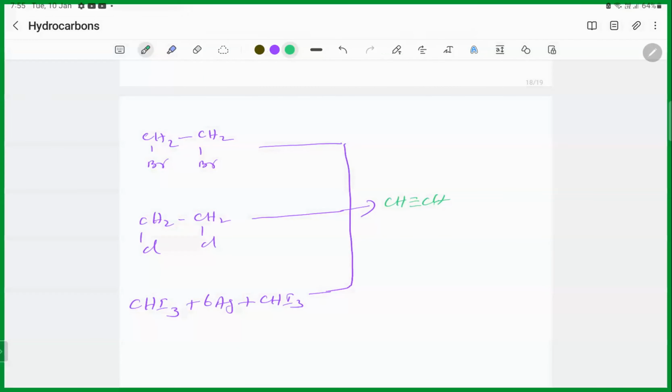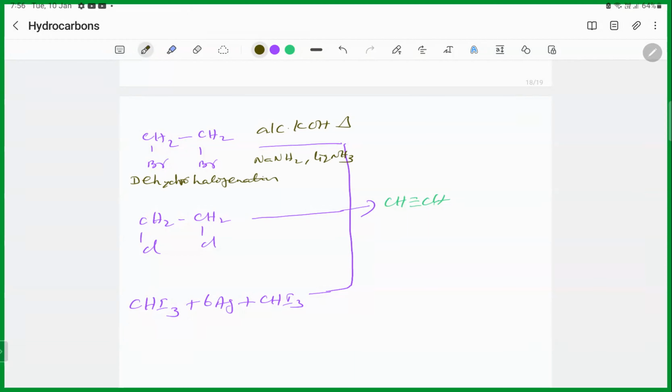So what reagent are we using? Here you are using alcoholic KOH and heating, otherwise NaNH2 and liquid ammonia. This reaction is known as dehydrohalogenation.